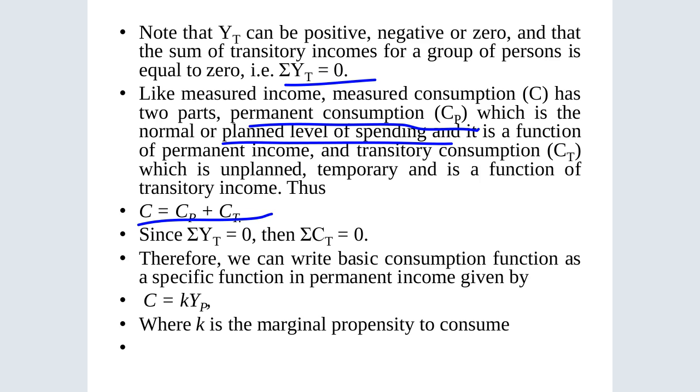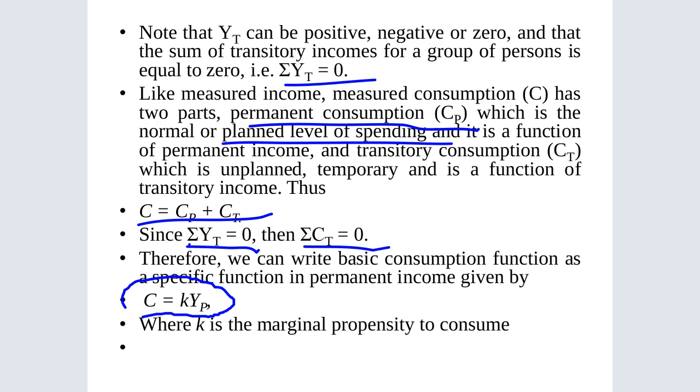Now, since, as I said earlier, the sum of transitory income is zero, then transitory consumption is also zero. So in this case, we can rewrite the basic consumption function as a function of permanent income.